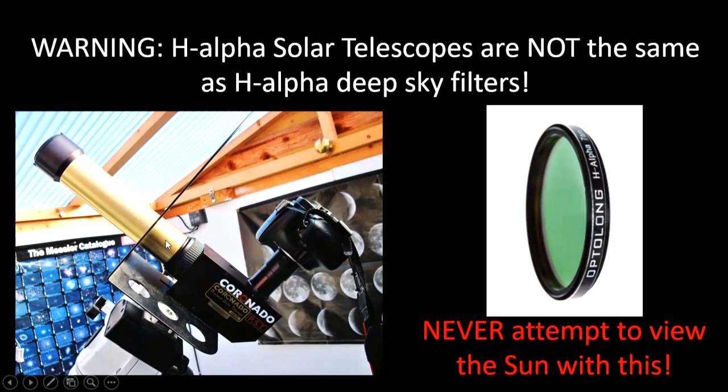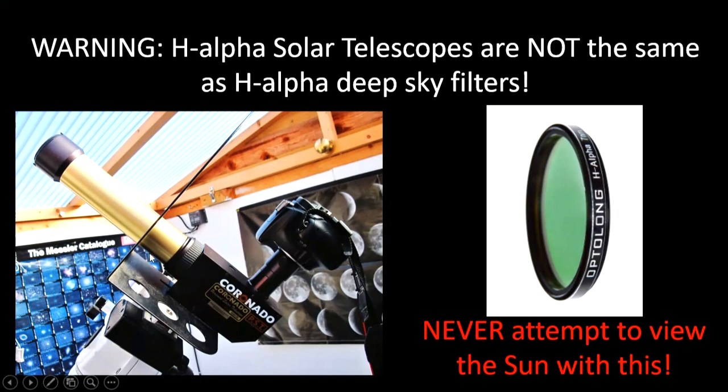This thing has so many different components in it. It's got an etalon that tunes to a particular wavelength. It is not just a simple H alpha filter like that one. So yeah, they are definitely not the same thing. So please don't mix those up and try to do any solar imaging with one of these, because you will damage your camera or your eyesight quite quickly.